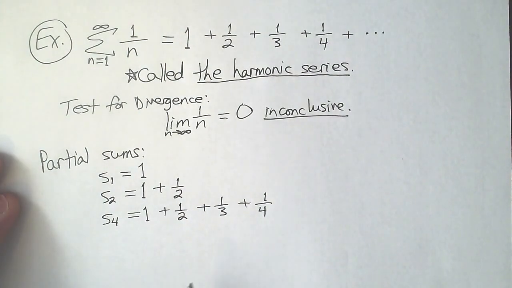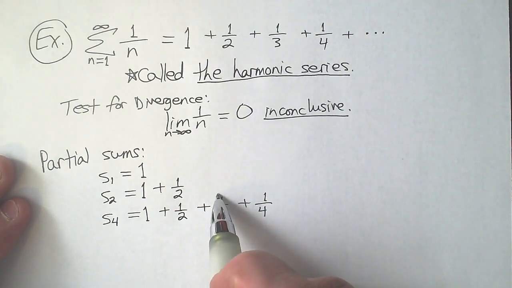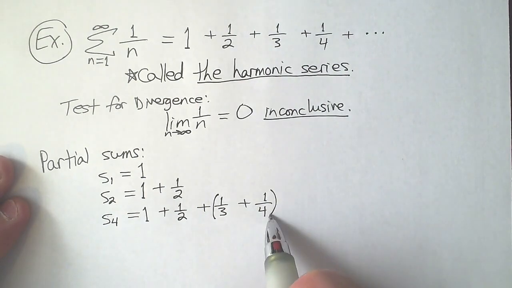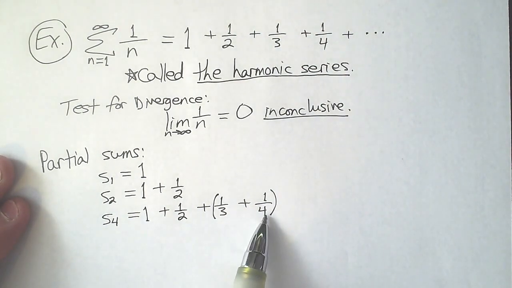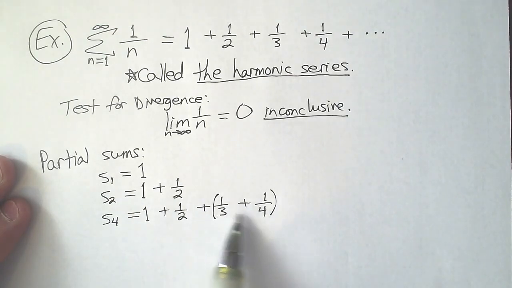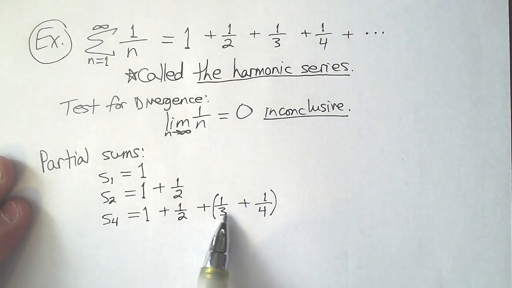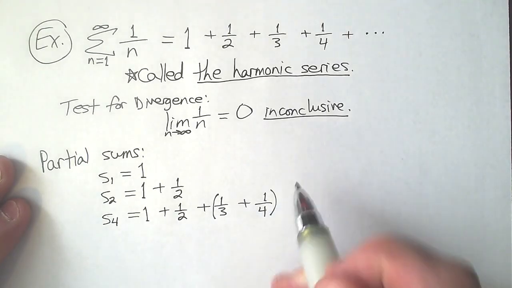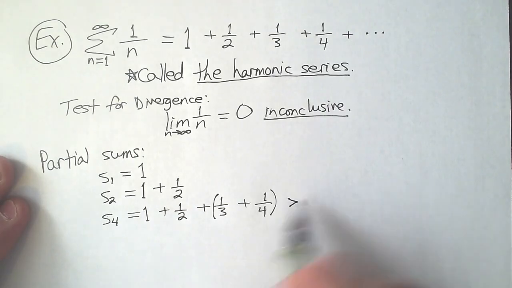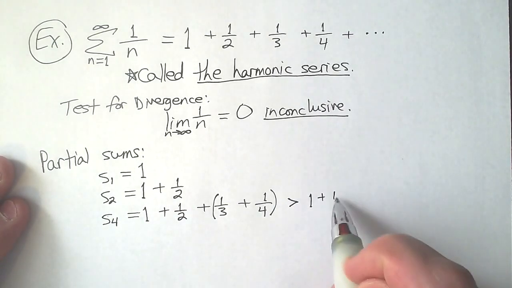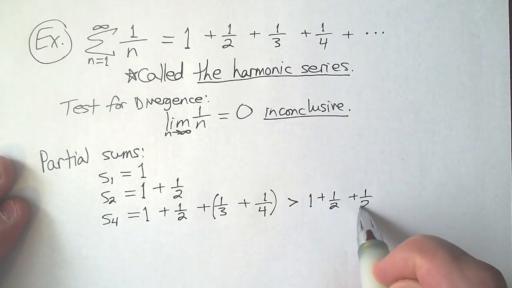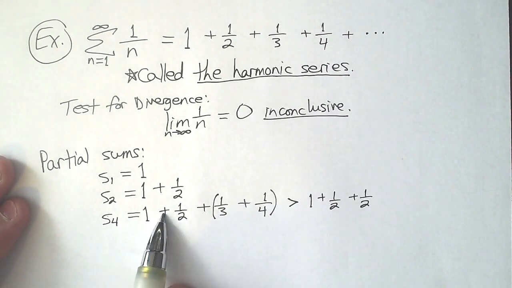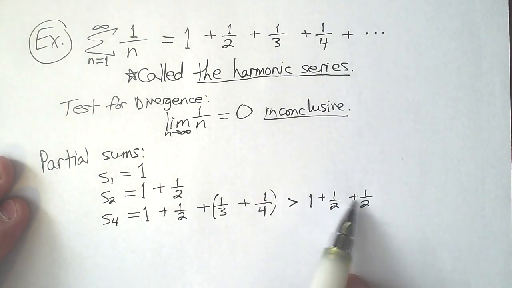It actually turns out that if I group these two terms together, the 1/3 and the 1/4, if you add those up as fractions, with a common denominator, it turns out that those two add up to more than 1/2. So I'm going to say altogether this is greater than 1 plus 1/2 plus another 1/2. 1 plus 1/2, that this thing in parentheses is greater than 1/2.